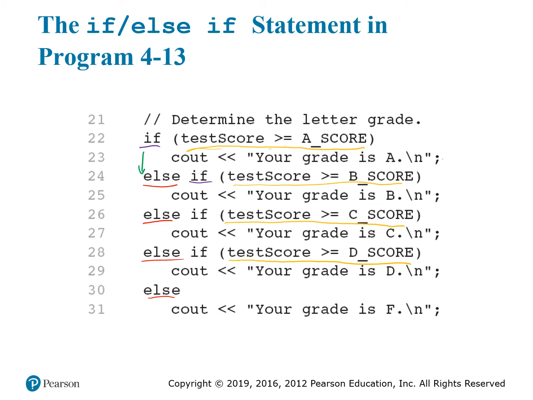Because this is in an else if, I know that it's not an A, so I just have to figure out if it's greater than or equal to a B. And then if that fails and I go on down, I know it's less than a B, so I only need to find out if it's greater than or equal to a C. And so we make the programming a lot more compact by doing this.